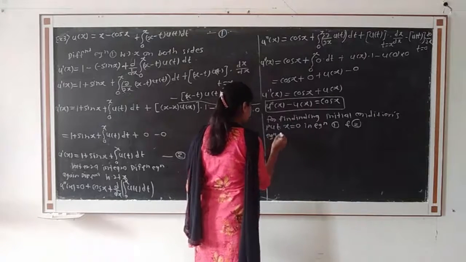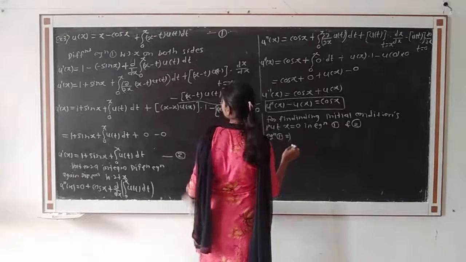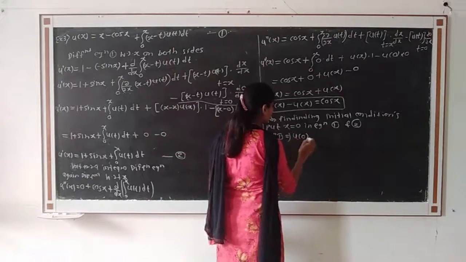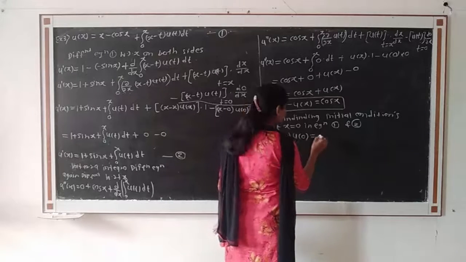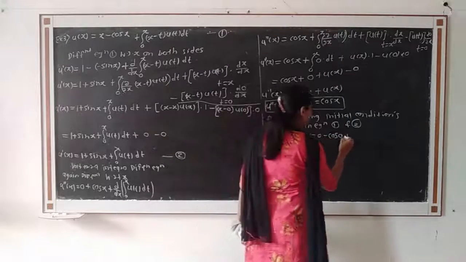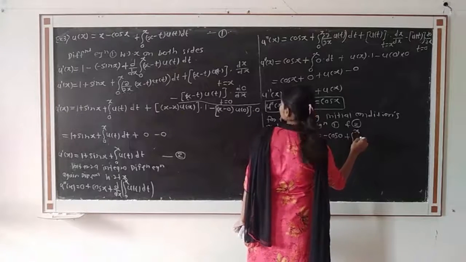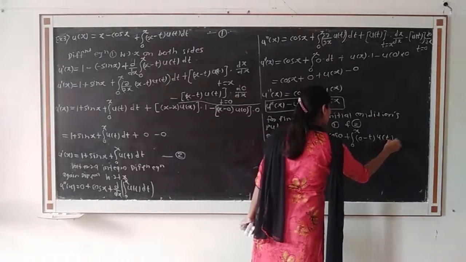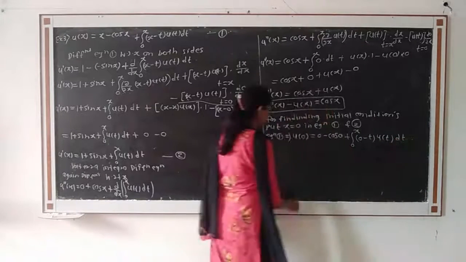We get u of 0 is equal to 0 minus cos 0 plus the integration from 0 to 0 of (0 minus t) into u of t dt.